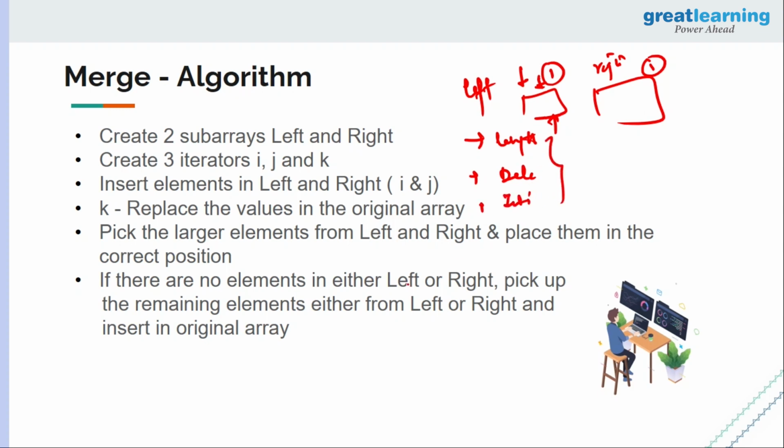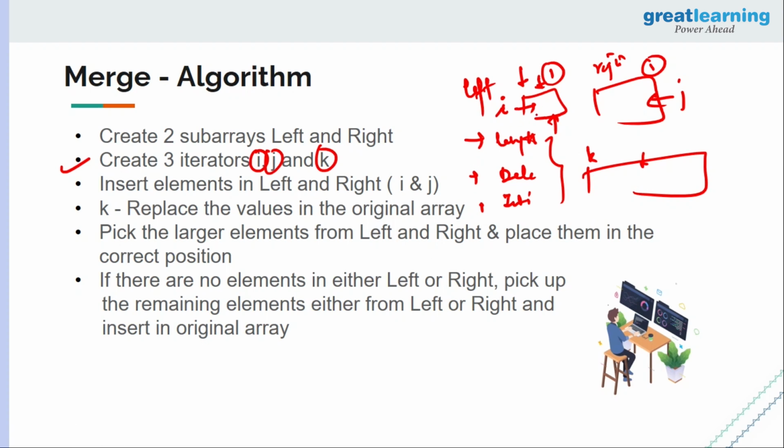Once these 3 steps are done, we are going to create 3 iterators, i, j, and k. The i iterator will deal with the left array, the j iterator deals with the right array, and k with the original array, which helps us to insert the elements.